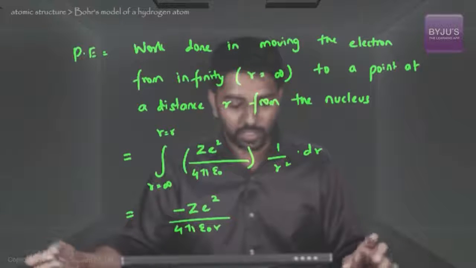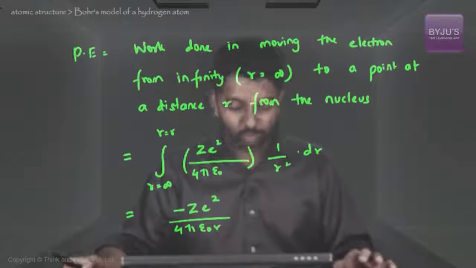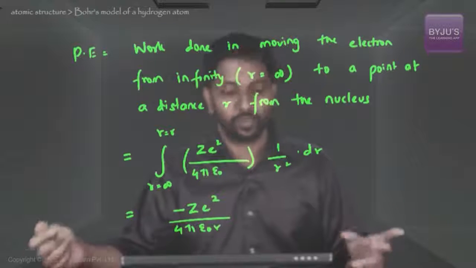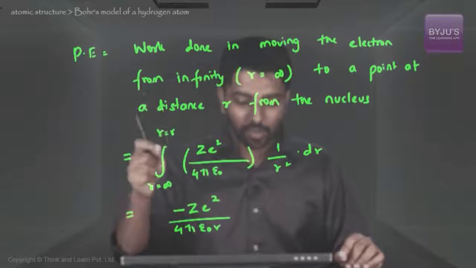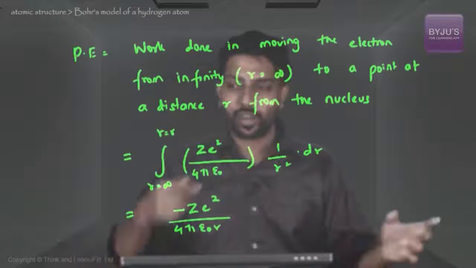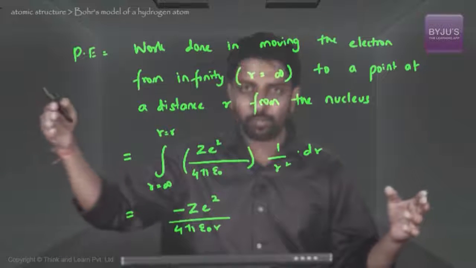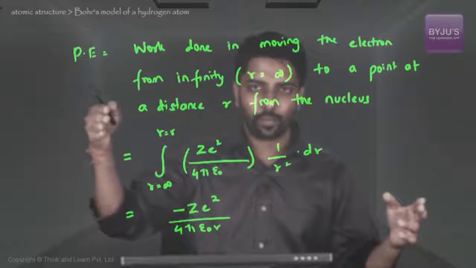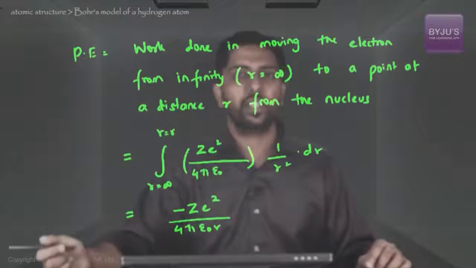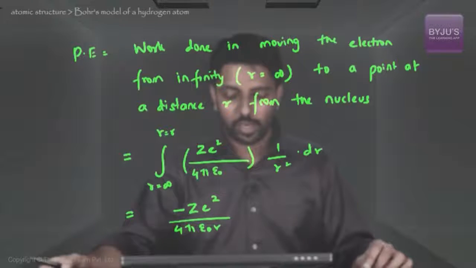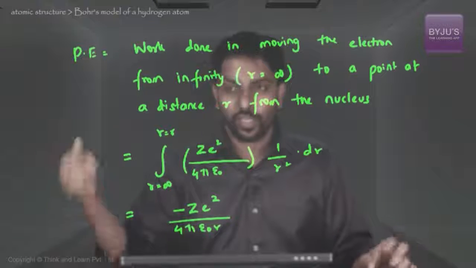So potential energy is nothing but the work done in moving the electron from infinity, that is r equals infinity, to a point at a distance r from the nucleus. From infinite distance, we are slowly moving this electron by very small, tiny, infinitesimal distances, and we are trying to calculate the total work done in doing this.